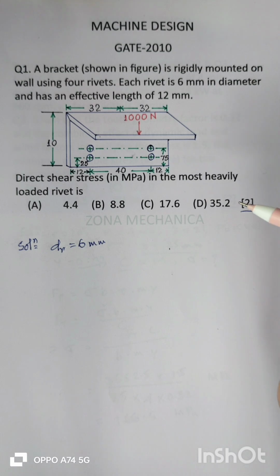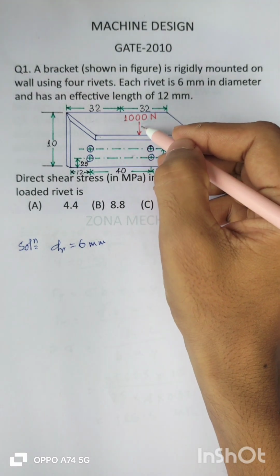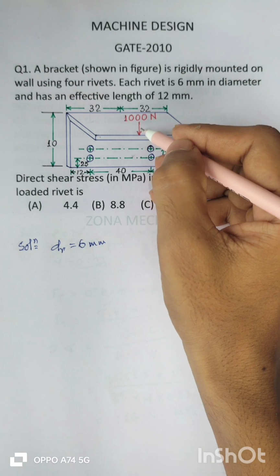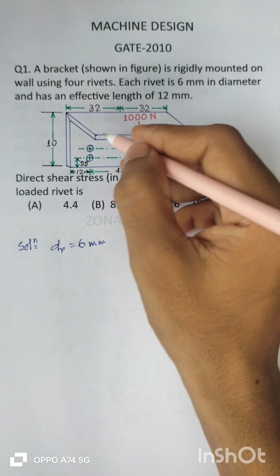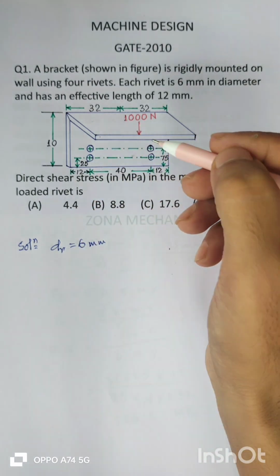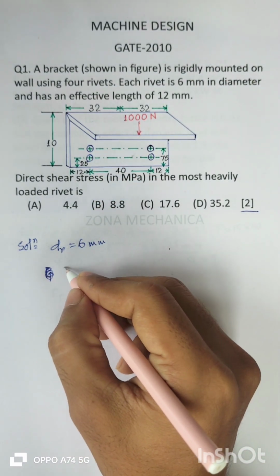rivet. So we know that the direct shear stress is the direct sharing of the applied load by each of the rivet, and it is given by primary shear load.